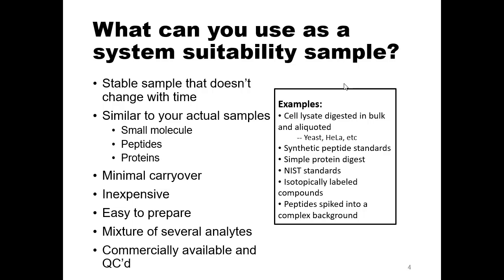It might be a little dangerous because the levels of keratin might change depending on who's prepping the sample at that particular time. I think usually I see HeLa lysate with some sort of synthetic peptide spiked in, which is the most common I've seen people use. Does anybody use a QC or system suitability sample already that's okay with sharing what they use?